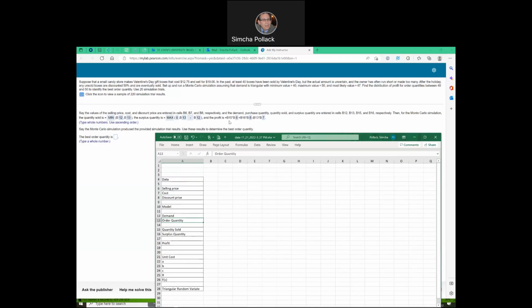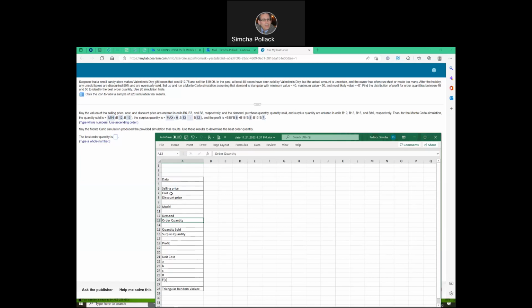And the profit finally is you multiply the quantity sold by B6. B6, remember, is the selling price, which in this case was $19. So it's quantity sold times the selling price, plus B16, the surplus, which was calculated over here, times the surplus price, which is half of B8.